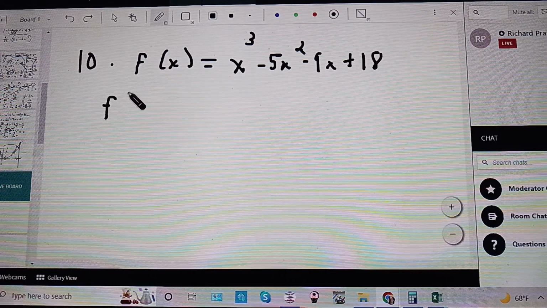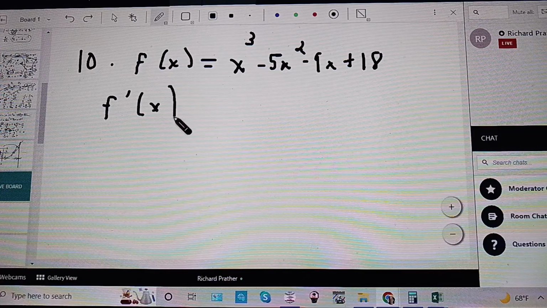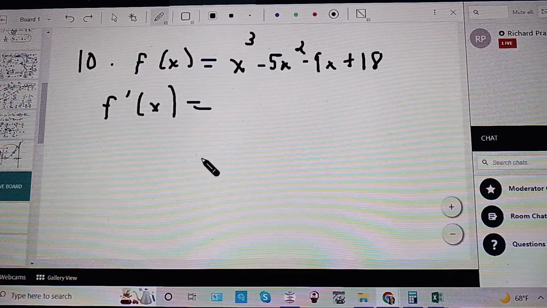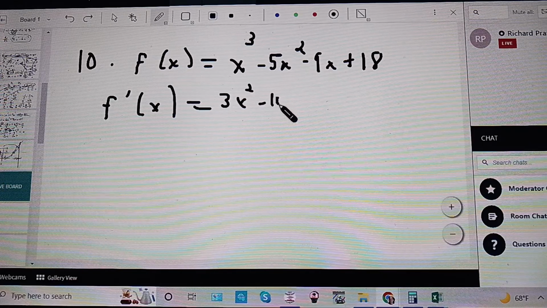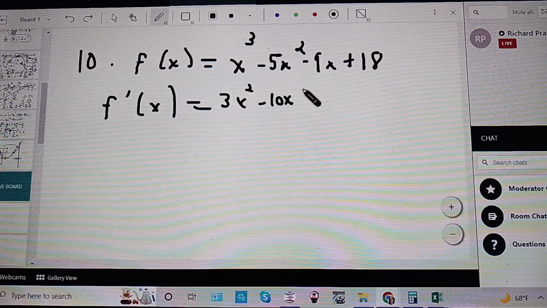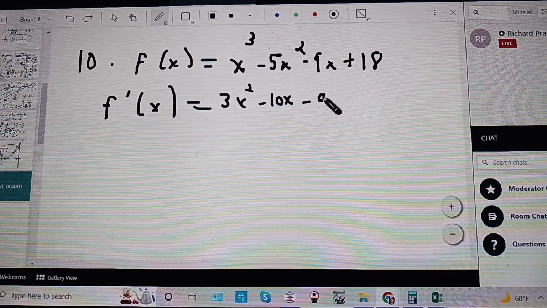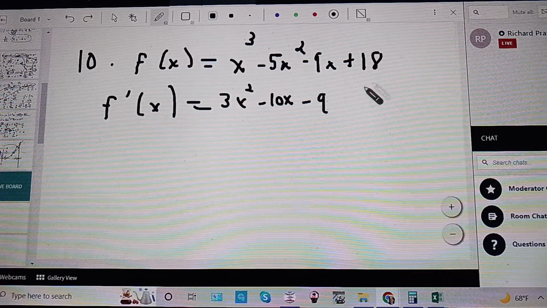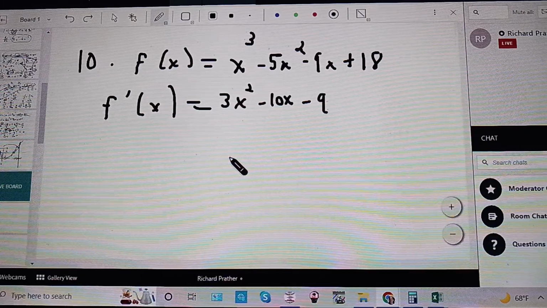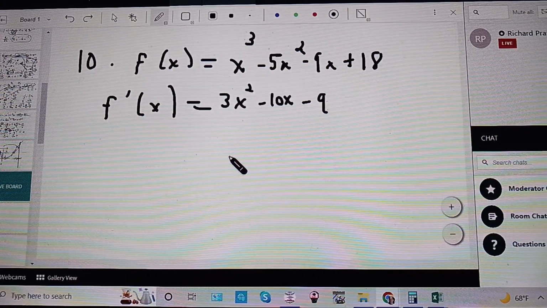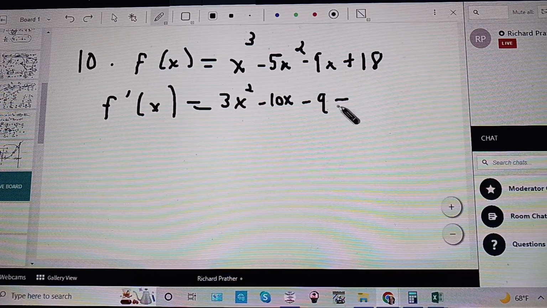So first I'm going to find the derivative because that's what tangent lines are about. Slopes of tangent lines are derivatives. 3x squared minus 10 x to the first minus 9 plus 0. So if you're searching for the x values that make the tangent lines horizontal, then you can set the derivative equal to 0.